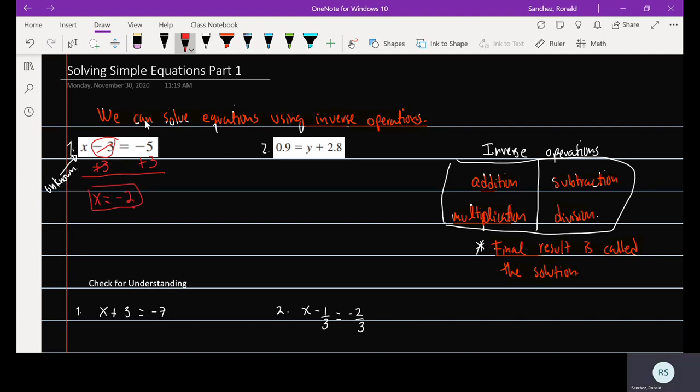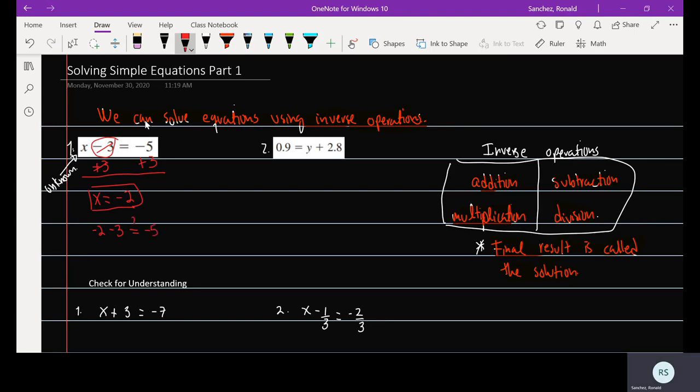Now, I can always check if my solution is correct. The way that I can do that is by substituting my solution for the value of x. And this is what I mean. I can substitute -2 for x. So I'm going to write -2 minus 3. Is that equal to -5?